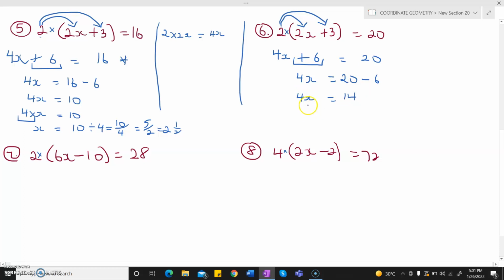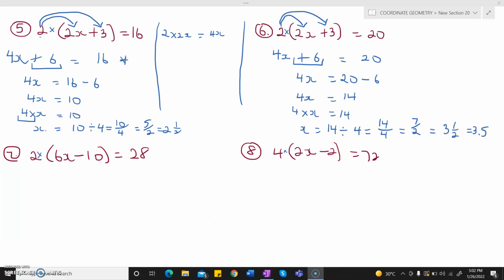Now we get 4 times x equals 14. So x is equal to 14 divided by 4. Again, you could work it out with a calculator, or you could have it as a fraction, which is the same as 7 over 2, which is 3.5. Cool.